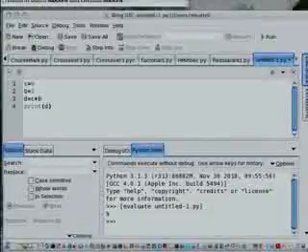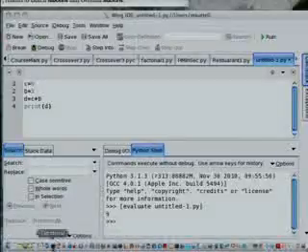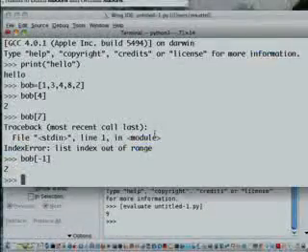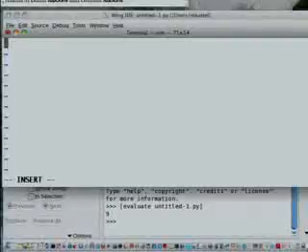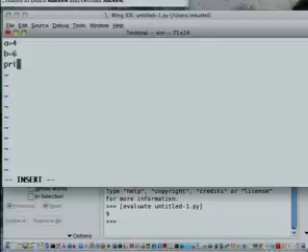For example, in Linux there is a text editor called VI. In VI, I could write A equals 4, B equals 6, print A plus B. Have I done anything wrong here? No, it's fine.